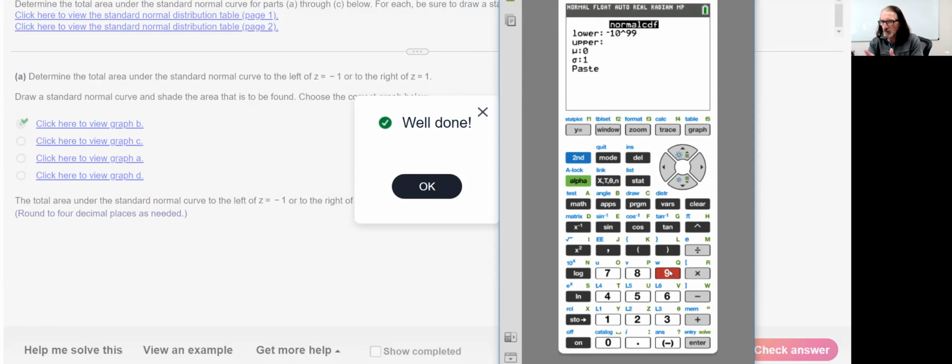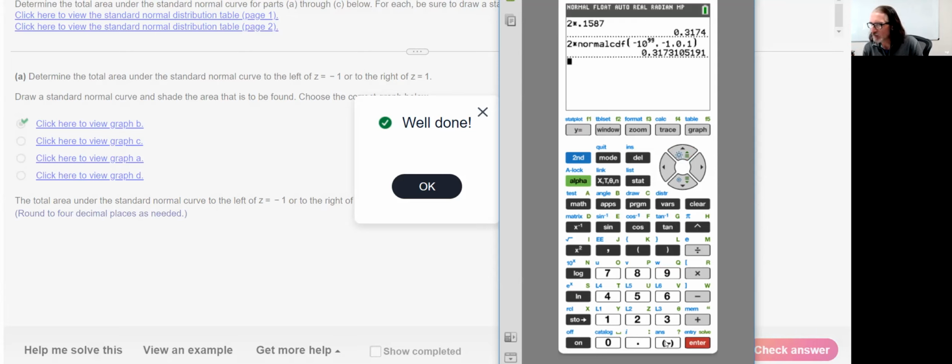Now that's really -1 times 10 to the 99. The upper bound was -1. And since we were given a z-score, then we're in the standard normal distribution. So mu is 0 and sigma is 1.